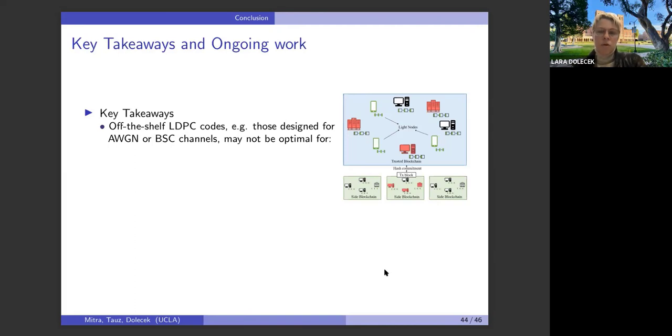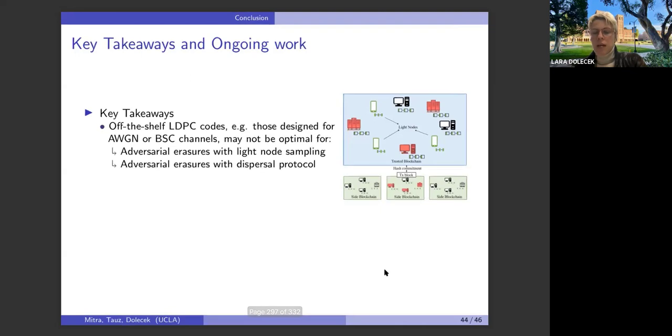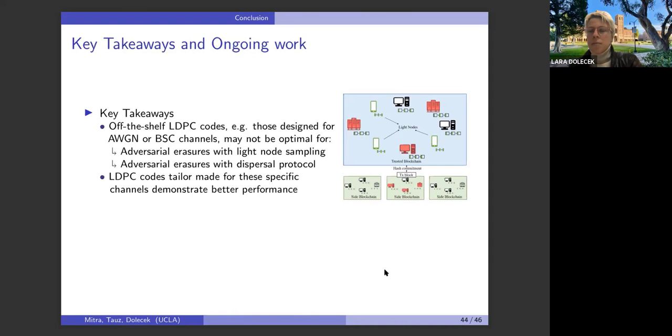But what we have also recognized is that off-the-shelf LDPC codes, despite their many positive properties, that were previously optimized for other applications like AWGN channels and BSC channels, may not be optimal for the type of errors, or rather type of attacks, that we see in blockchain systems. And this has in fact necessitated a new look at LDPC codes and how one would go about designing them.